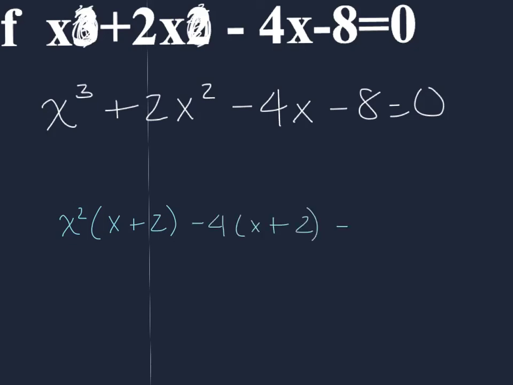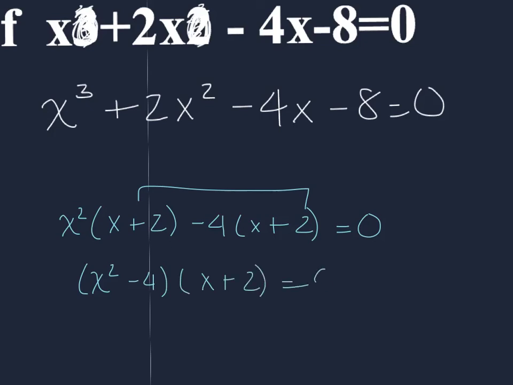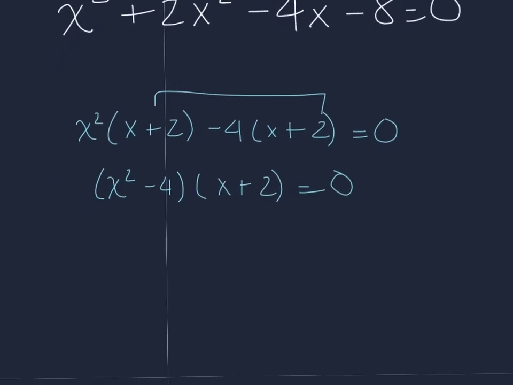So now that these two are alike, I can group them. So x squared minus 4 times x plus 2 equals 0. And then x squared minus 4, I'm going to go ahead and start solving for that. I got x squared equals 4. X equals plus minus 2. Here I get x equals negative 2.